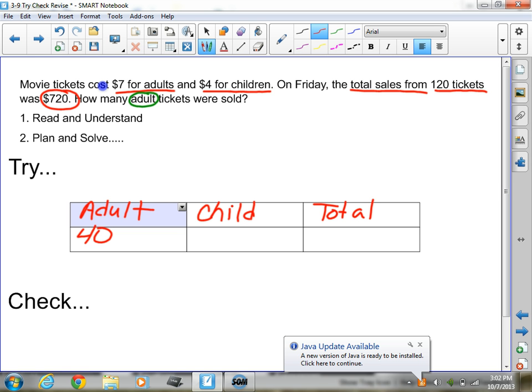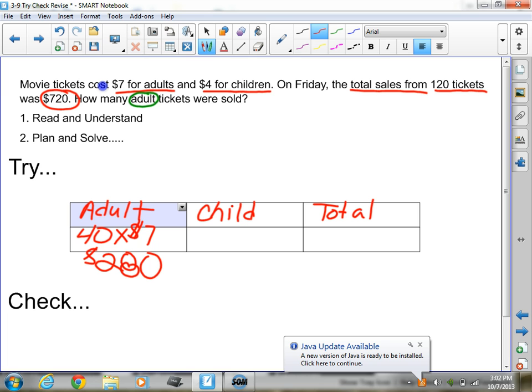So let's say we have 40 adult tickets that sold. Now we don't know, we're guessing right now, making a reasonable estimate. If 40 tickets sold, that's $7 each ticket. So we're going to find out how much total the adult tickets are if we spent $7 on 40 tickets. So 7 times 4 is 28, with a 0, that's $280.